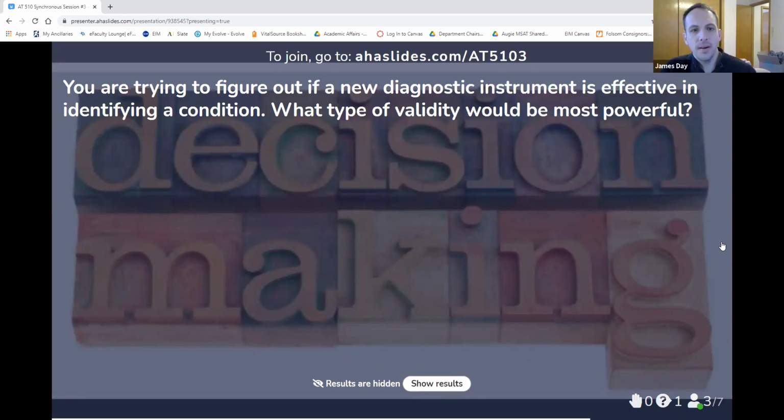You're trying to figure out if a new diagnostic instrument is effective in identifying a condition. What type of validity would be most powerful? So if you remember the three different types, we have face validity, we have content validity, and we have criterion validity.